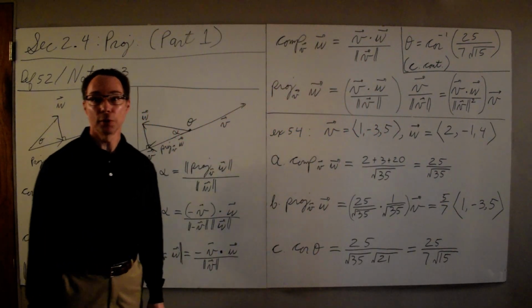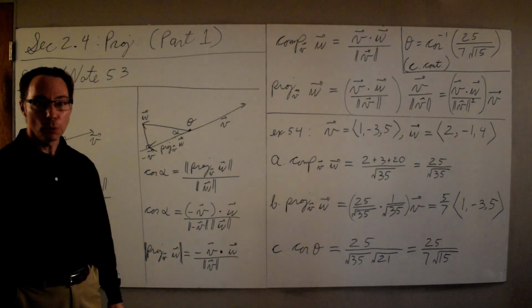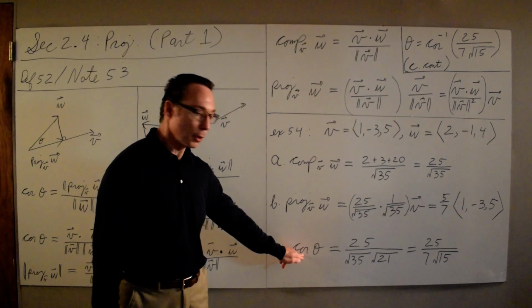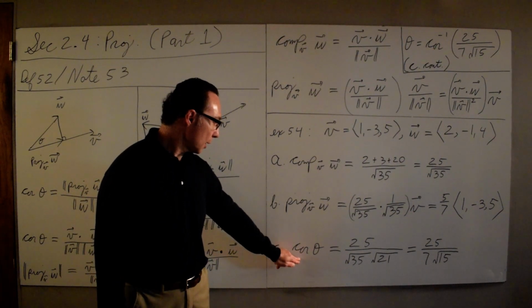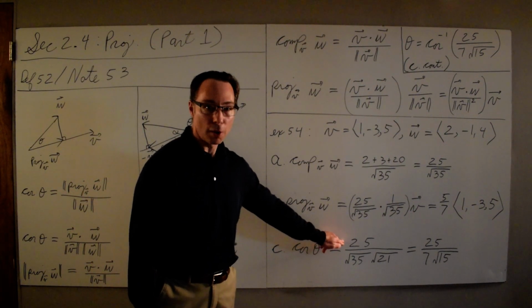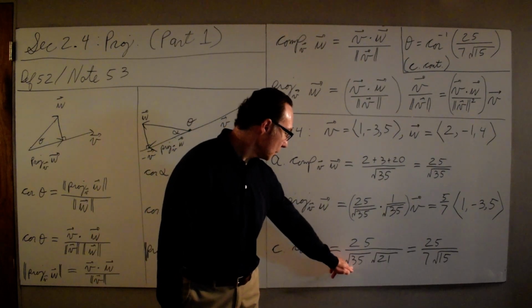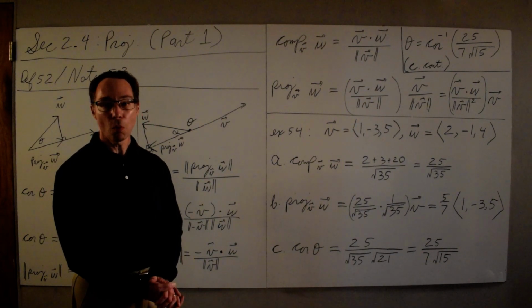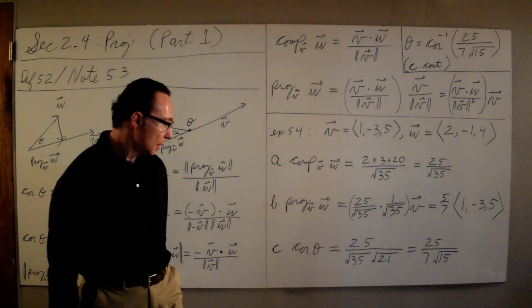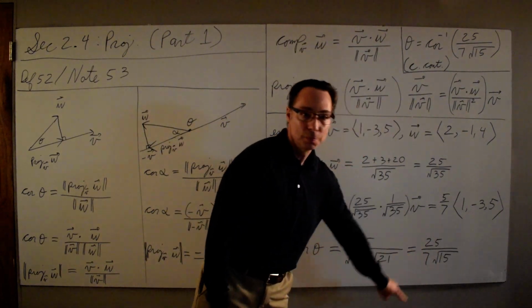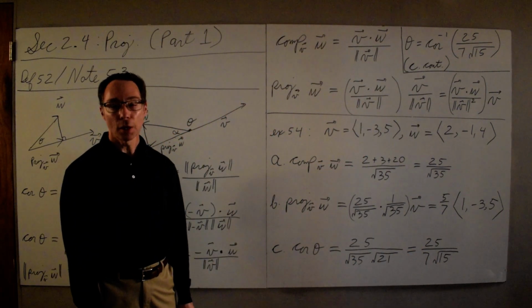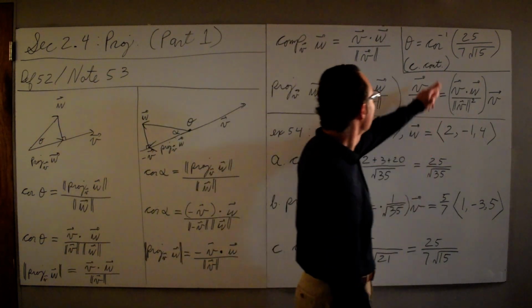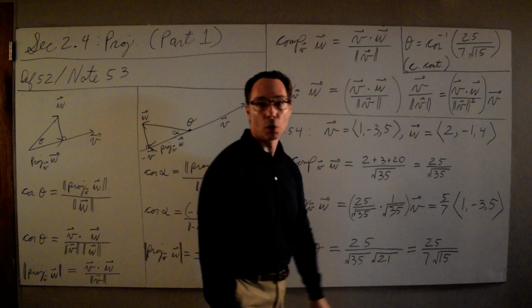So that's the projection. And finally, we want to find the angle between v and w. According to the cosine formula, cosine of theta is simply the dot product of the two divided by the magnitude of v times the magnitude of w. Since 35 and 21 both have 7 as a factor, we can simplify this a little bit. That is cosine of theta, but we were asked to find theta. So what is theta? Well, it's the inverse cosine of that number, or arc cosine.